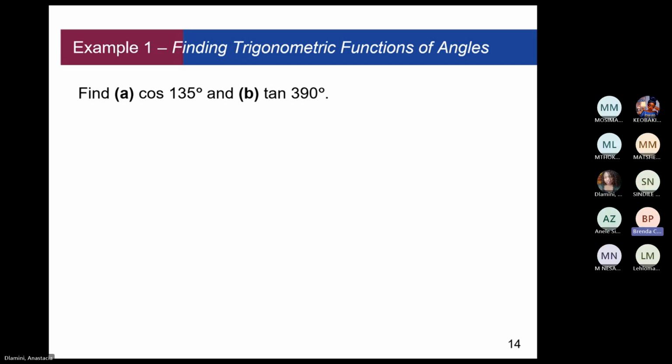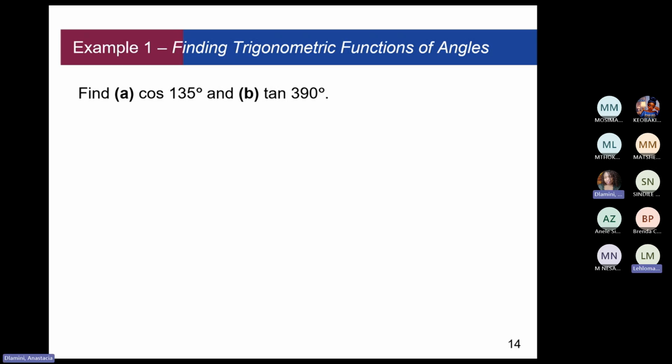What is cos 135 degrees? You know in the calculator when you say cos 135 degrees, it gives you an answer. But I don't want to use the calculator. So that's why I'm saying, what is cos 135 degrees?